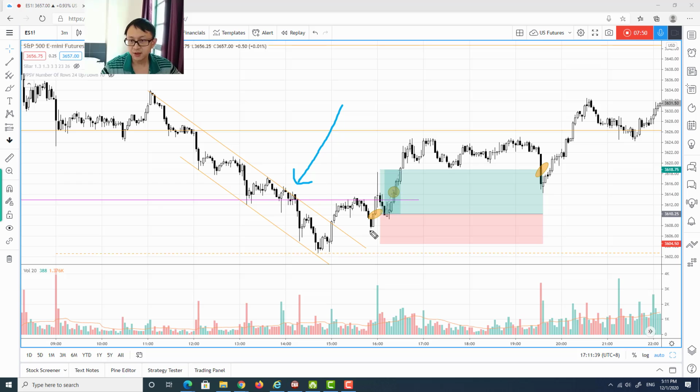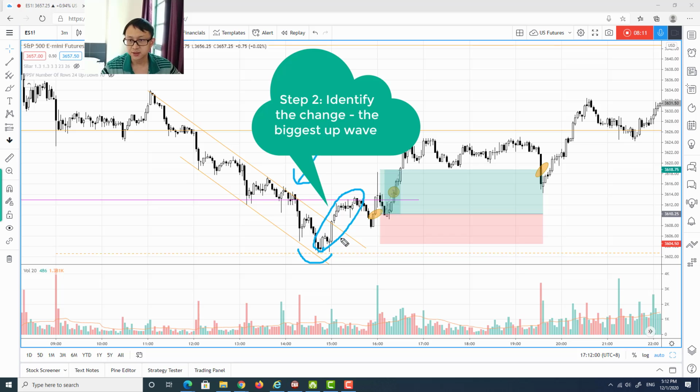The second step is to identify whether we have seen something different, something changing. In order to have a reversal from this bottom right there, we just need to have a good quality up move. So here we go. This is the up move that we're looking for. This is the second step.